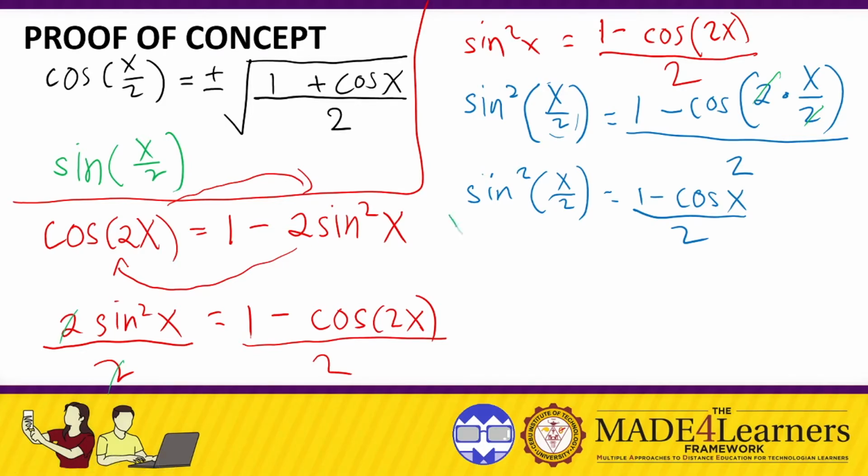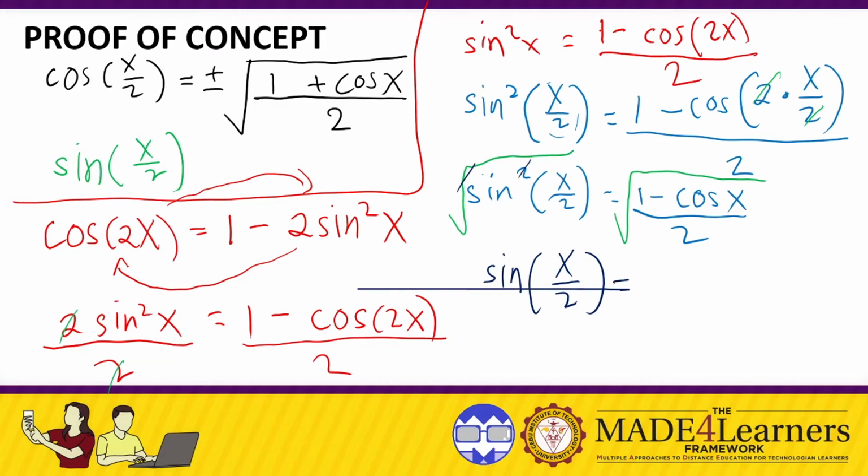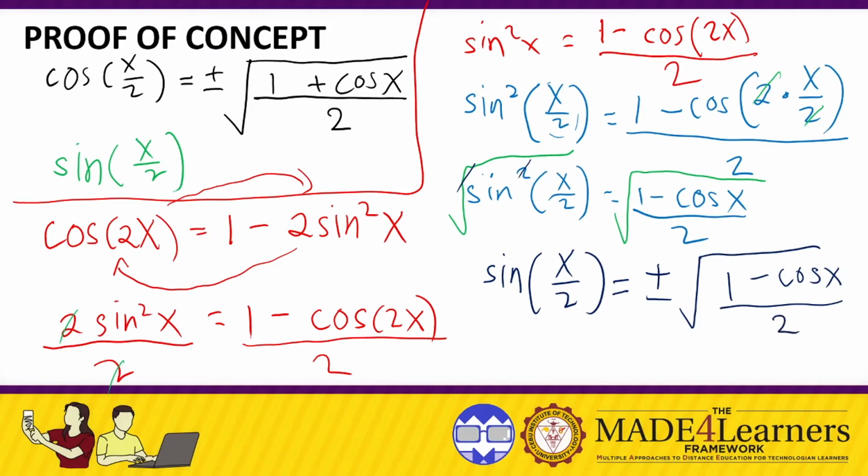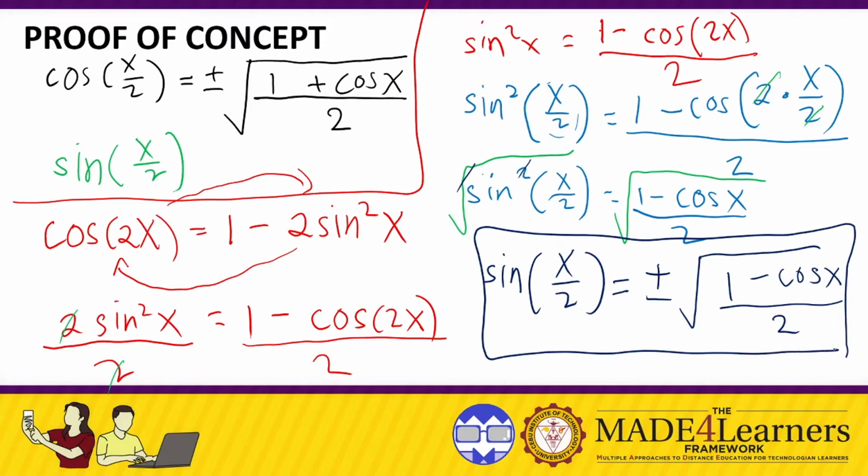So square root both sides, get the square root of 1 minus cos x over 2, and we'll have our final answer being sine x over 2 equals positive negative square root of 1 minus cos x over 2. And this is our second half angle identity.